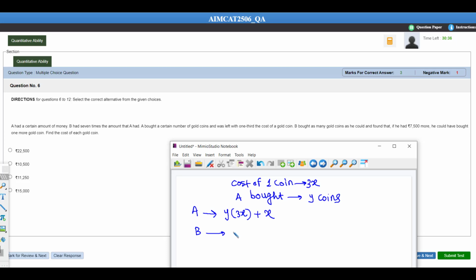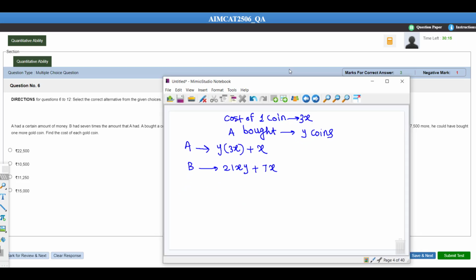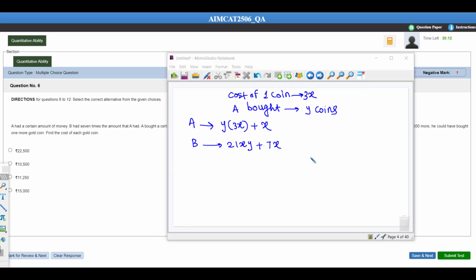So B is having 7 into 3, 21xy plus 7x amount. Now B bought as many gold coins as he could and found that if he had 7500 more, he could have bought one more gold coin. So how many gold coins can B purchase? We need to divide this by 3x, because the cost of one coin is 3x.